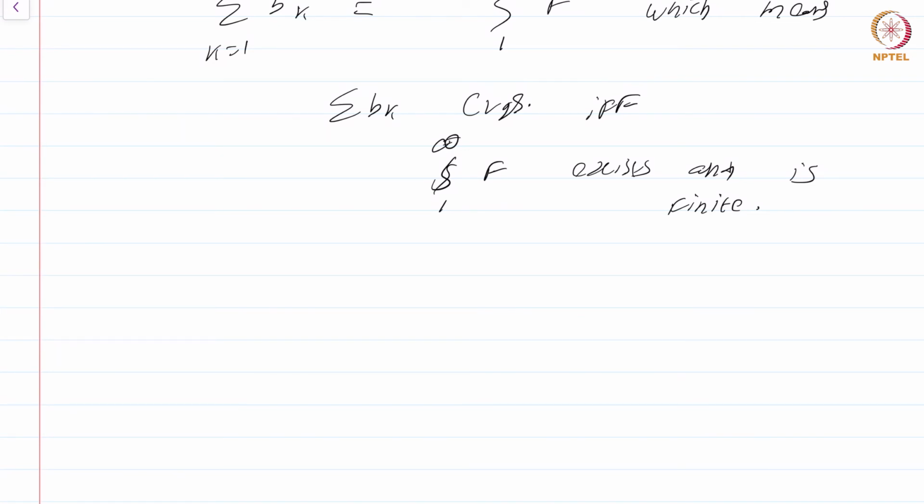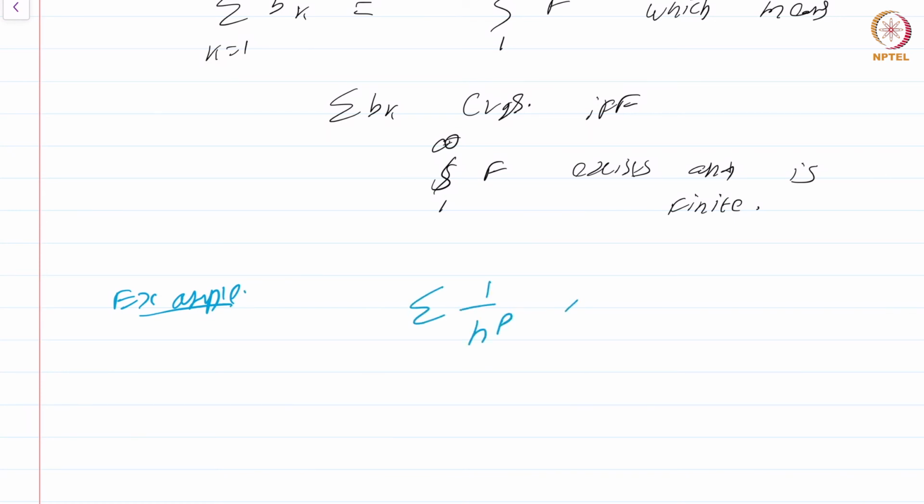Now, using the integral test, we can easily show that summation 1 by n power p does converge if p is greater than 1. Let's see how this is done. So, example: consider summation 1 by n power p.